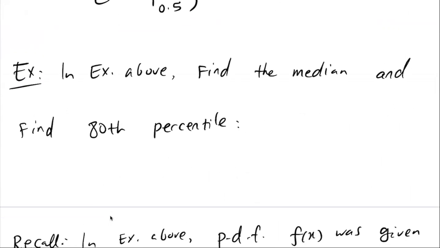And we also want to find the 80th percentile. 80th percentile means what is the value of p? Because for percentile, the value of p is multiplied with 100. So the original value of p must have been 0.8.